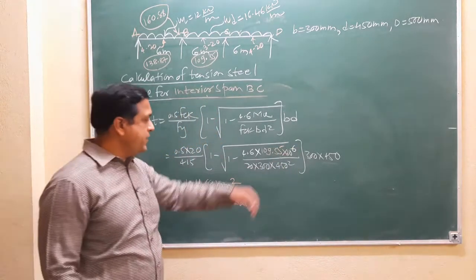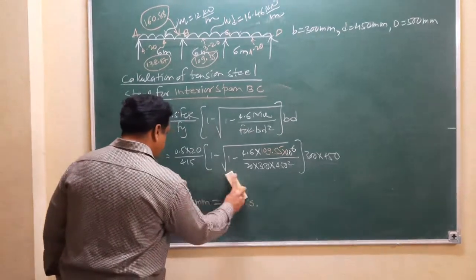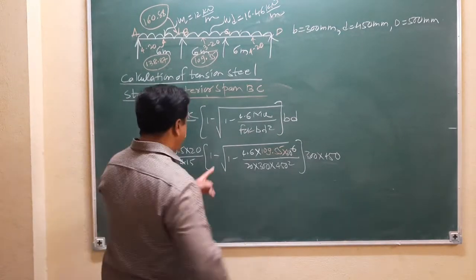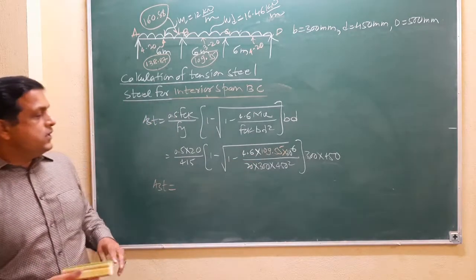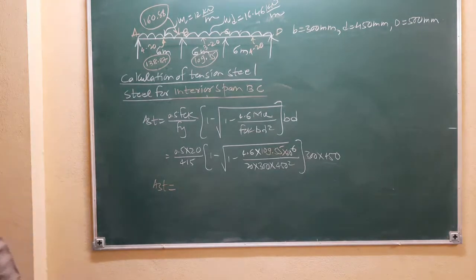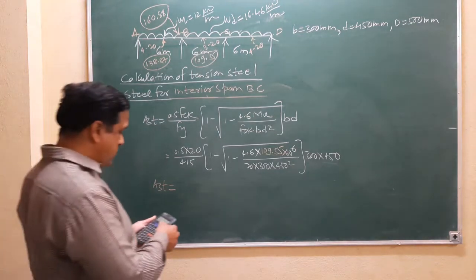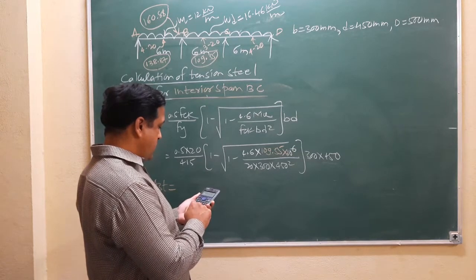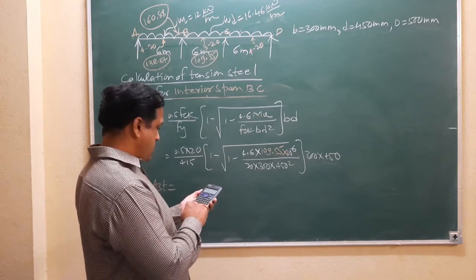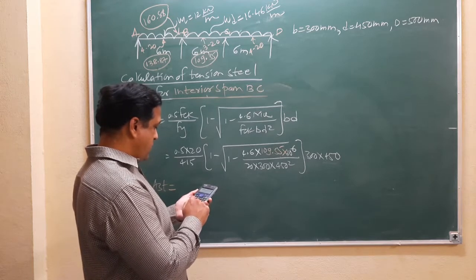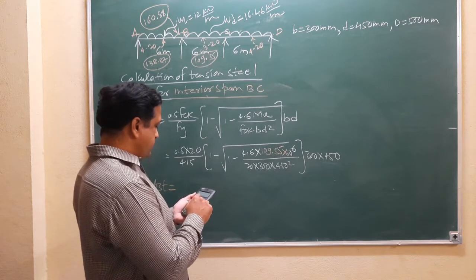All other parameters are the same. Now to find out the steel for the bending moment 109.55, I am going to calculate 4.6 into 109.55 into 10 raised to 6 divided by 20 into 300 into 450 into 450.